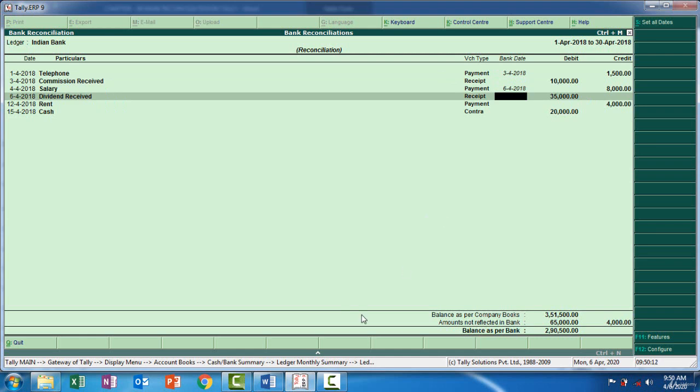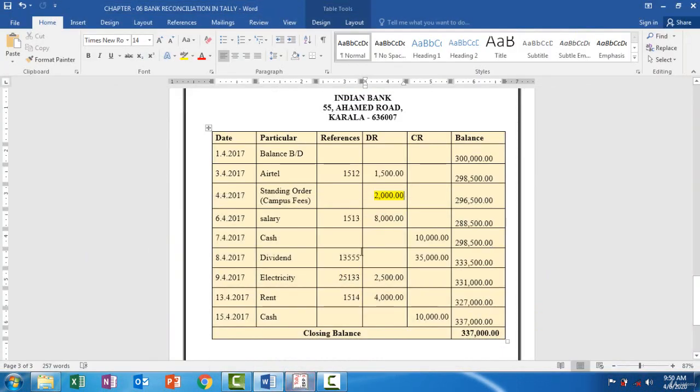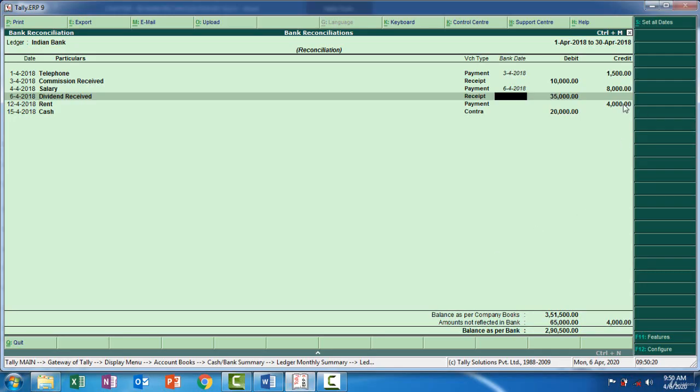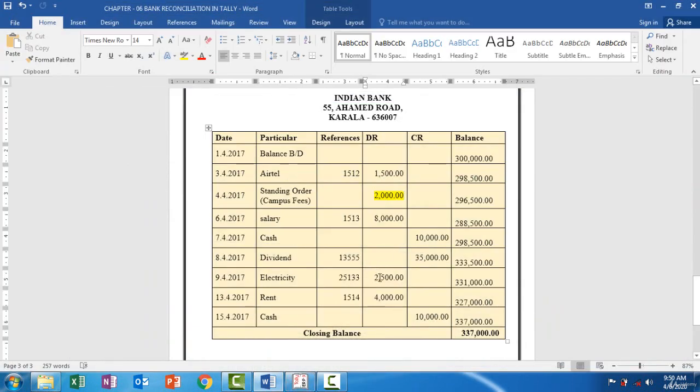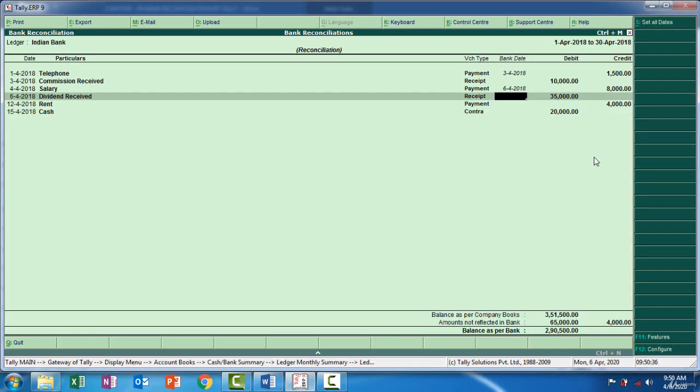Okay, so the next one, 8,000 done, and electricity 2,500. Here there is no electricity 2,500. So we have to identify this 2,500, it's not recorded into our book. The next one, 4,000, is rent. Here also 4,000 rent.